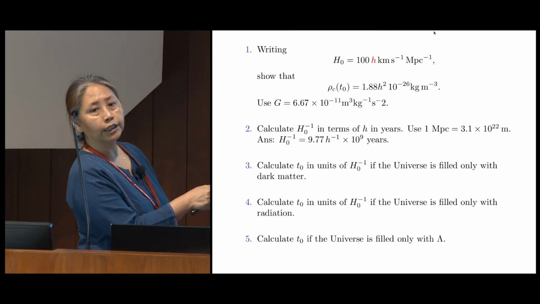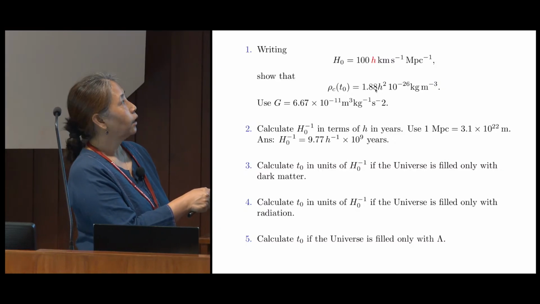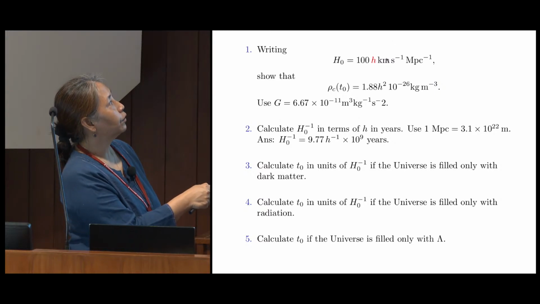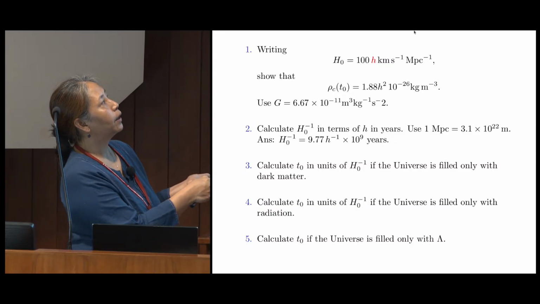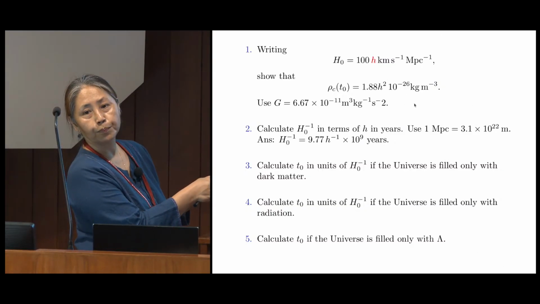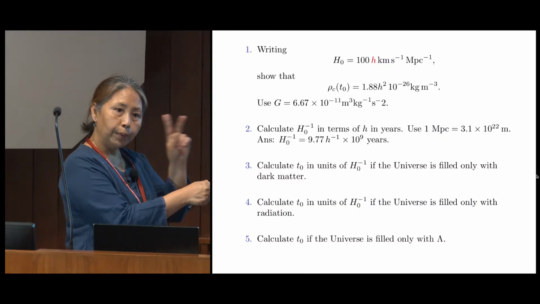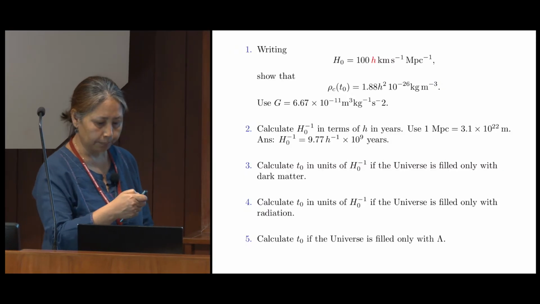And how will it change when you know small h precisely? It will change slightly, not too much. If h is like 0.7, you will have 0.7 squared, so it will change by about 1 order of magnitude, maybe 10 to the power minus 27. So it will be in that ballpark, and that's why it is convenient to write it like this.